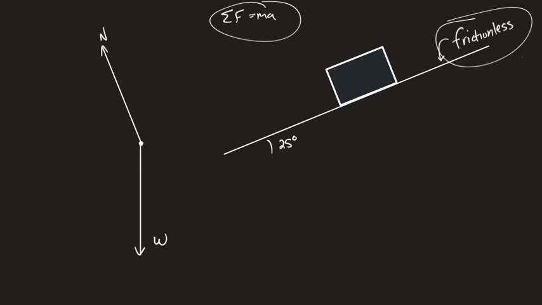2 priorities. Align the x direction with the likely direction of acceleration. Is our box accelerating? Then you don't have a choice. That's the priority. You could choose a different one. It would be dumb. Follow the priority, which means line up the x direction with the ramp. That's the only direction the box can go.